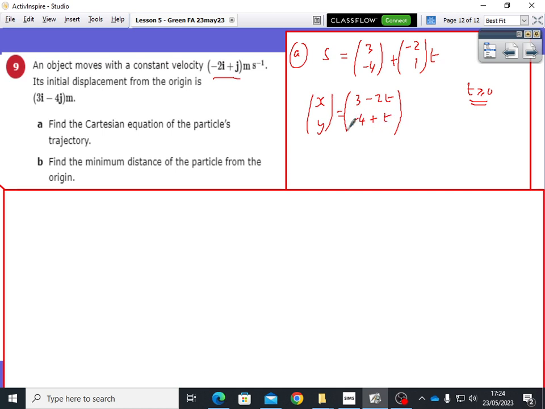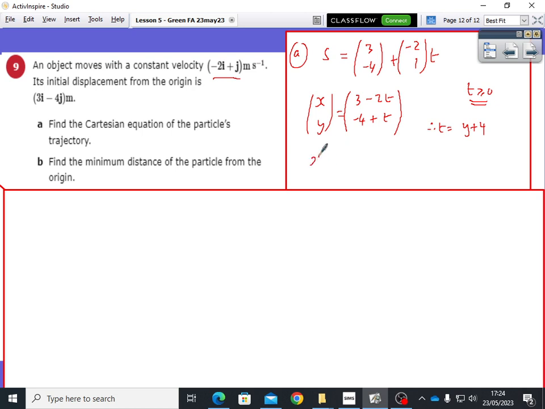Okay, so let's get the trajectory by making one of these the subject. I'm going to use this one. If I rearrange that, moving the minus 4 to the other side, t is going to equal y plus 4, and then I'm going to sub this in the top, so get rid of all the t parameters.